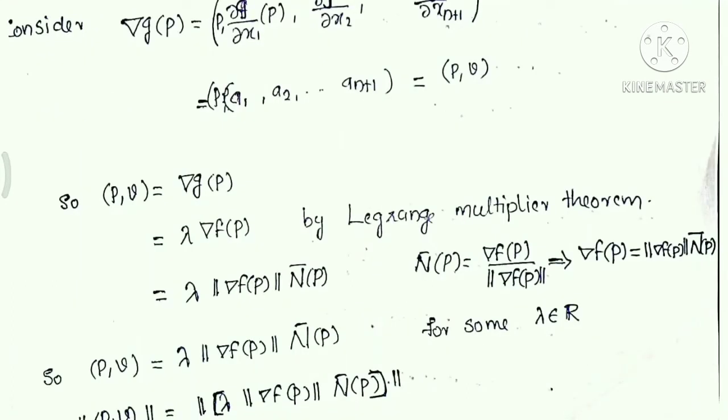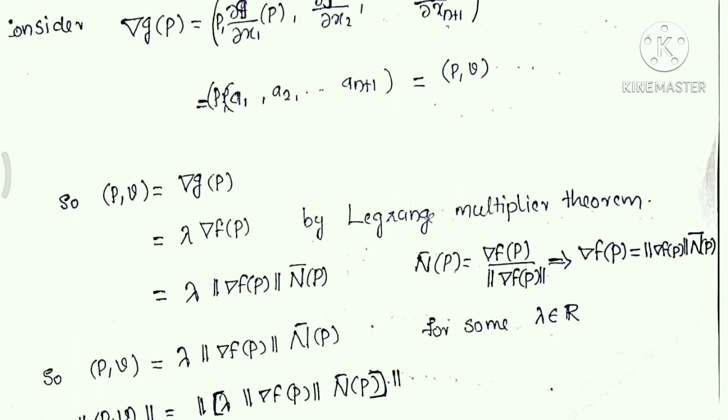Here g is a smooth real valued function defined on the domain of f, and g is attaining its maximum and minimum at points in S. Hence we can apply the Lagrange multiplier theorem.